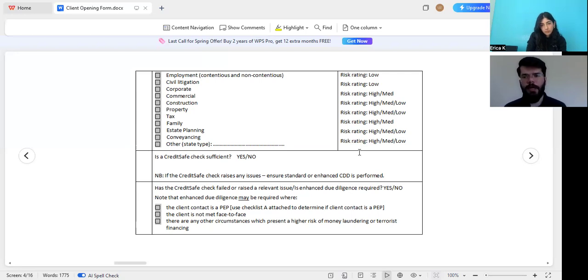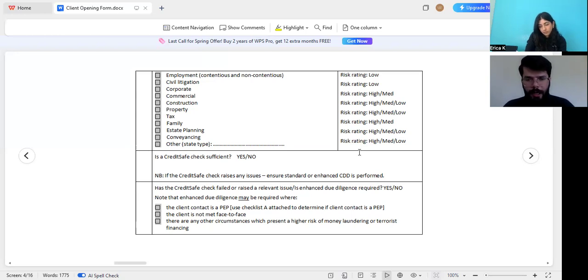And if it's no, then you just need to say that this is a standard client, he's employed, and so on. You give a profile overview of the client and say why he is not high risk. Note that enhanced due diligence may be required where the client contact is a PEP, politically exposed person.